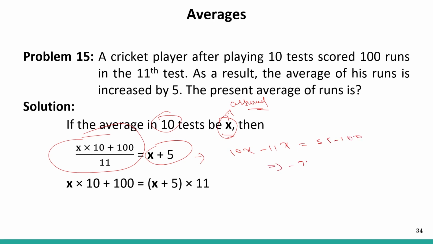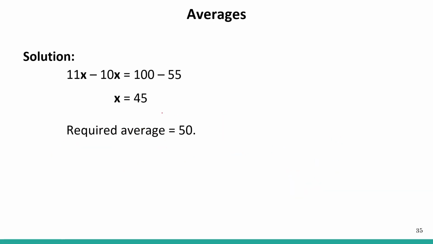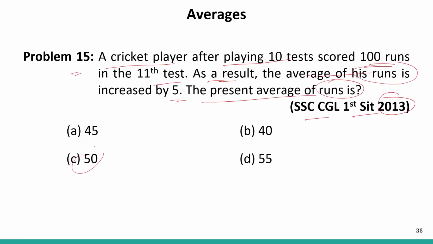So this implies that minus x is equal to minus 45. So x is equal to 45. So the required average is x plus 5, that is equal to 50. So 50 will be the correct answer here. That is available in C. 45, 40 and 55 are wrong, respectively available at options A, B and D. So the only correct answer will be option C.